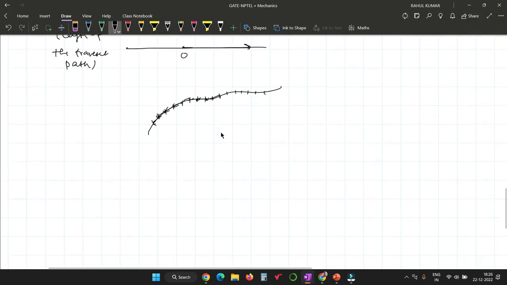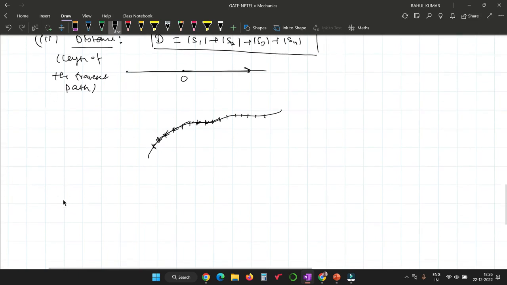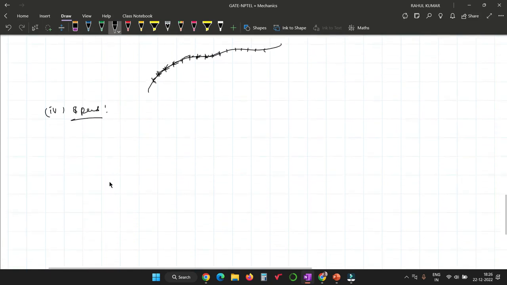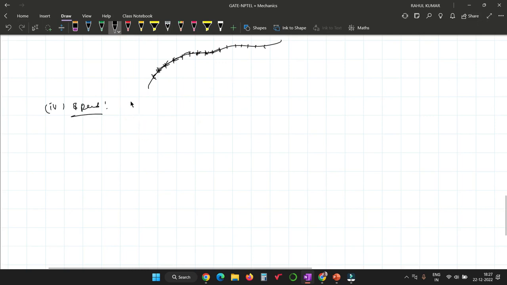Okay, now let's talk about speed. In the case of speed, there is also a concept of average speed.